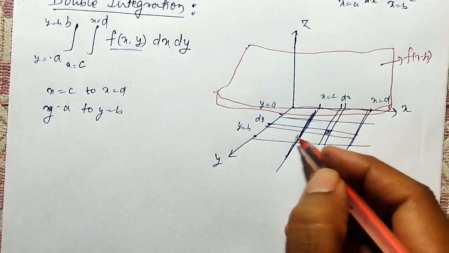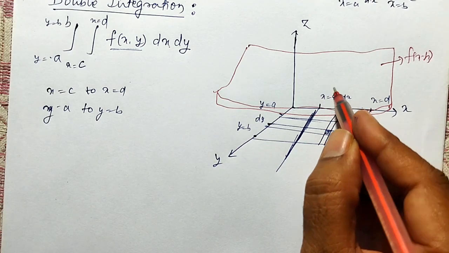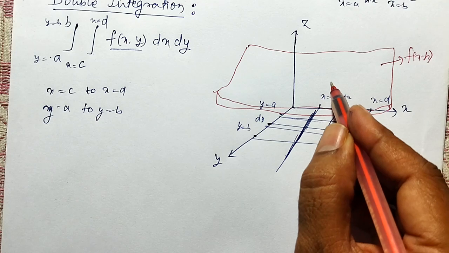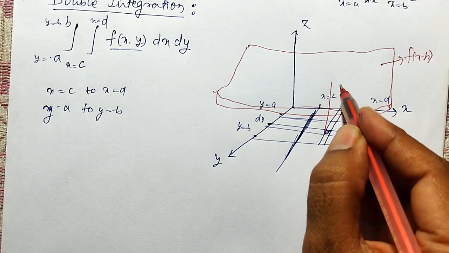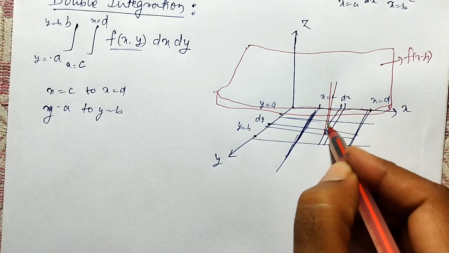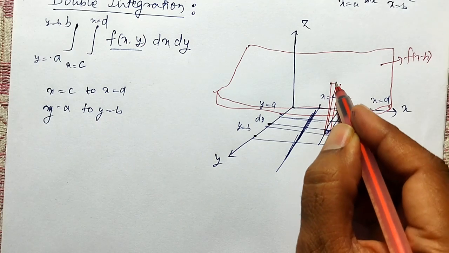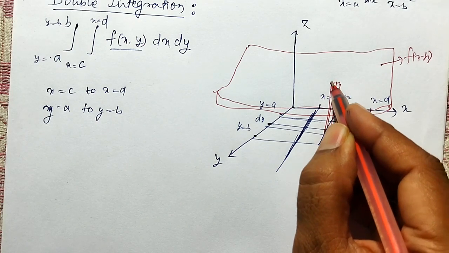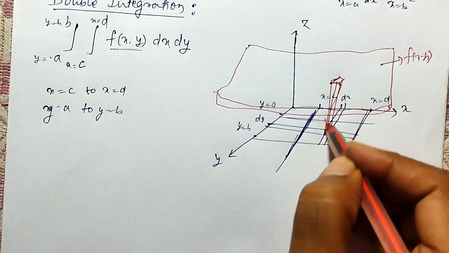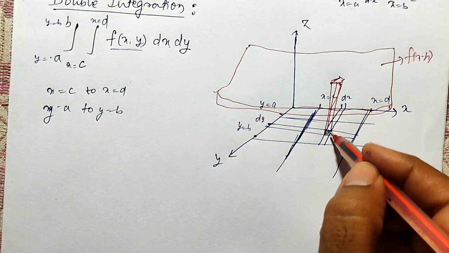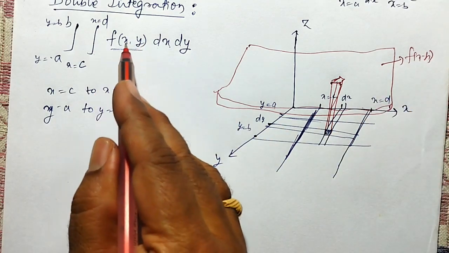is falling on the xy plane, and if you draw a height from here, for whatever dx is there, then it will form a cuboid here, correct? For very small dx and dy, a cuboid will be formed. Therefore, this height is nothing but your f of xy.